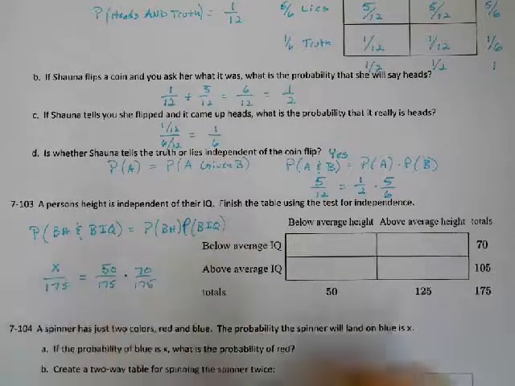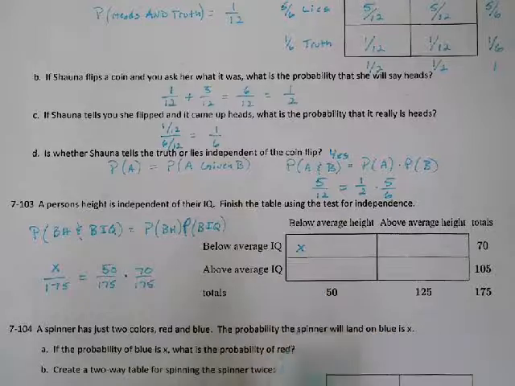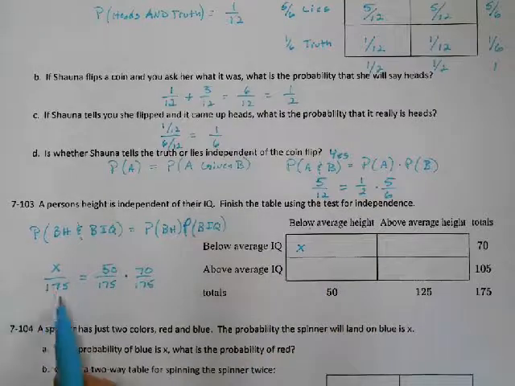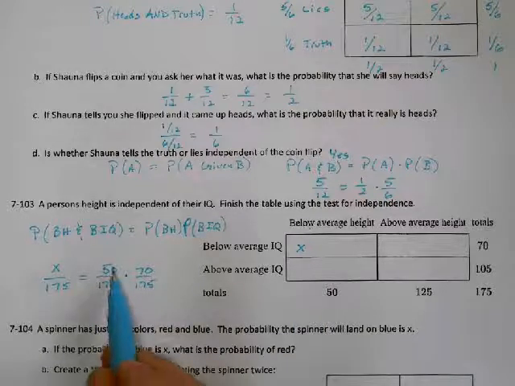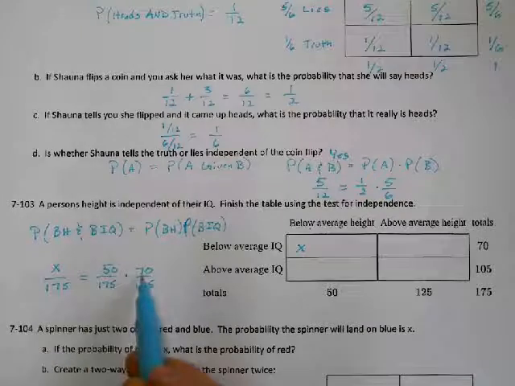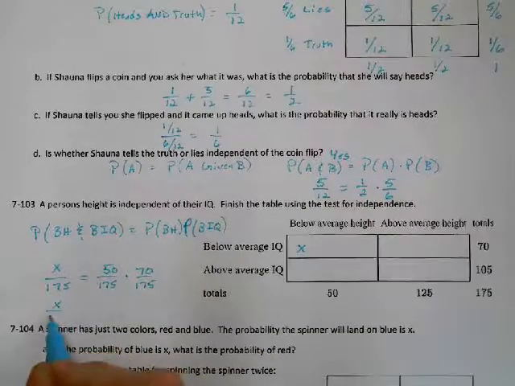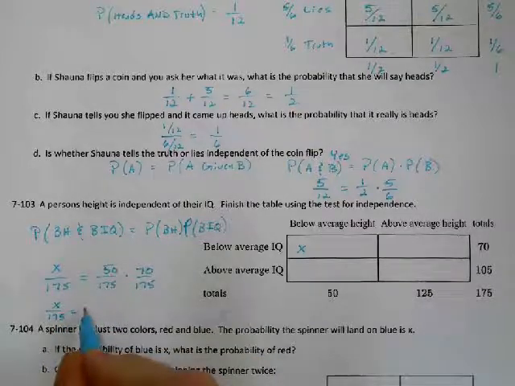So I want the probability here. I'm calling this part in here X. This is the and. The and should be equal to 50 over 175 times 70 over 175. So if I multiply out the numerator, I would get X over 175 equals 3,500.